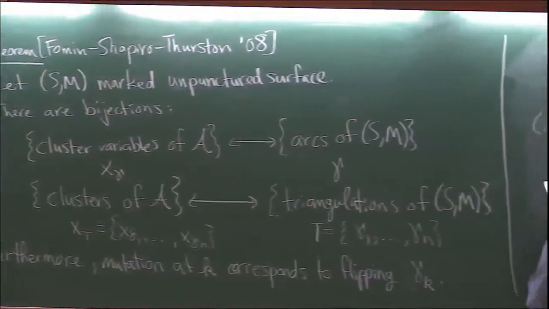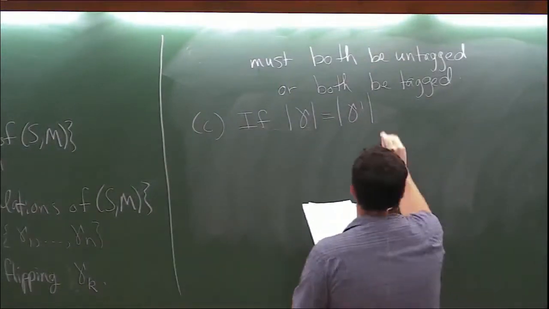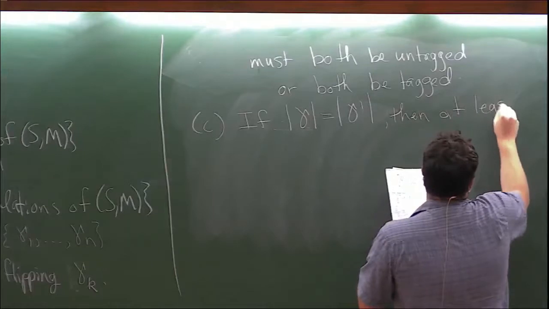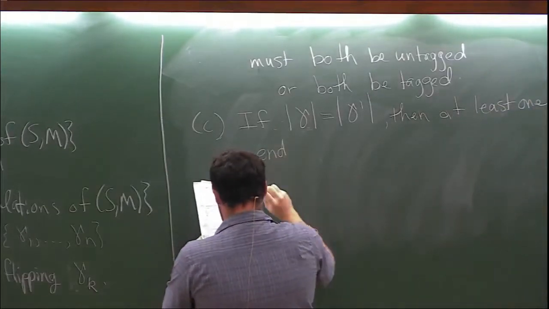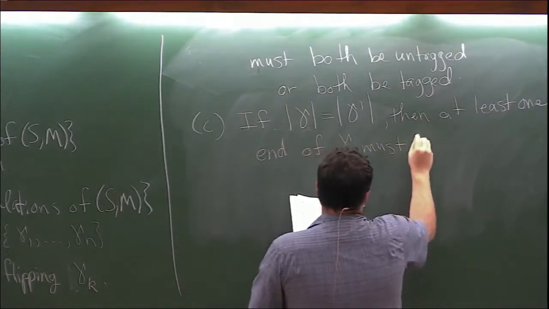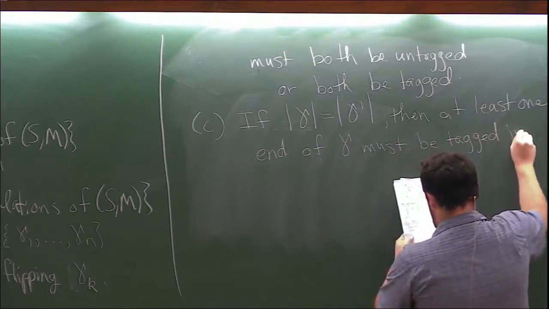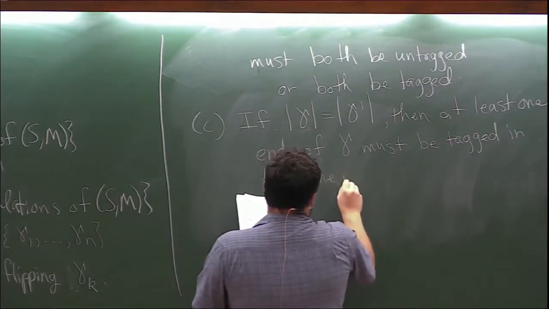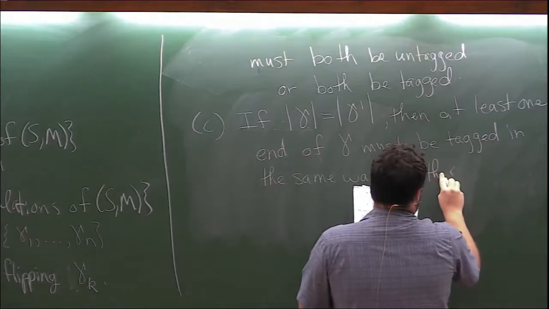If the untagged versions of my tagged arcs are the same, then at least one end of gamma must be tagged in the same way as the corresponding end of gamma prime.